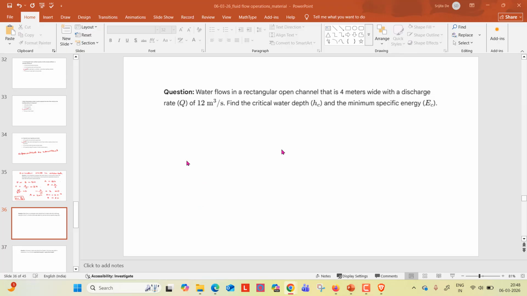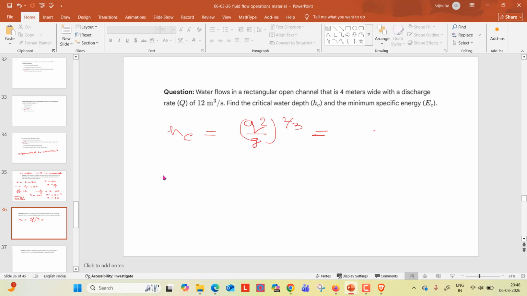So we know the critical depth is (q square by g) to the power 1 by 3.